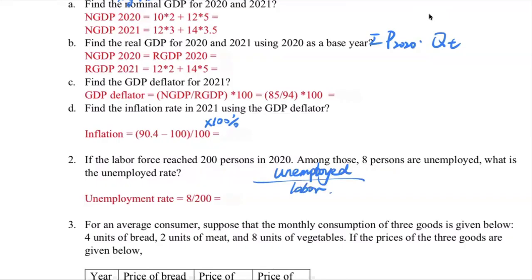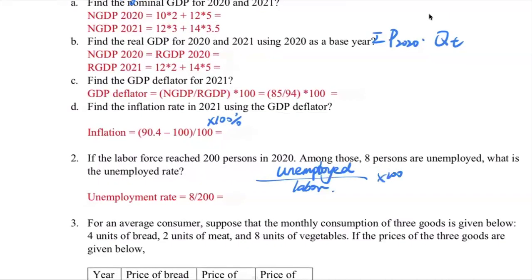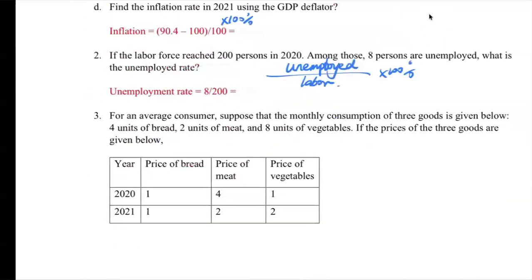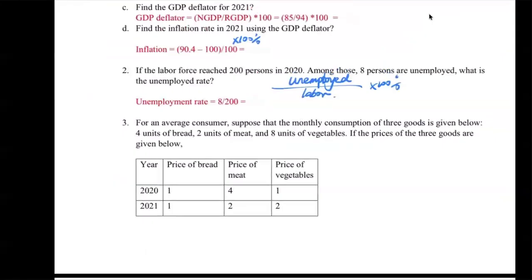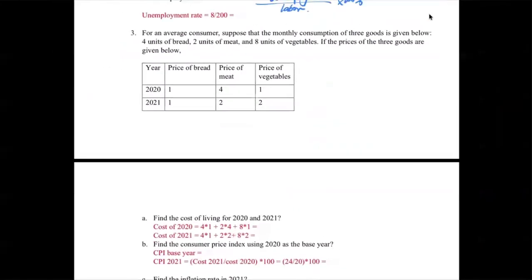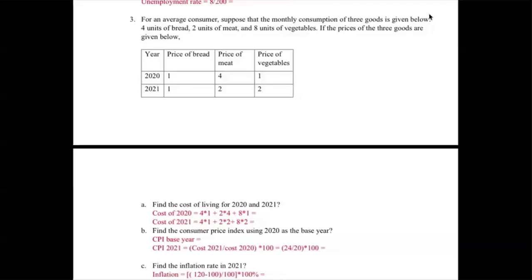So you can get the unemployment rate. Remember to use the percentage level, or if you want to use decimals, it's okay, because this is a simple question. Okay?